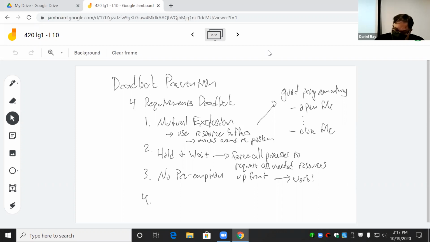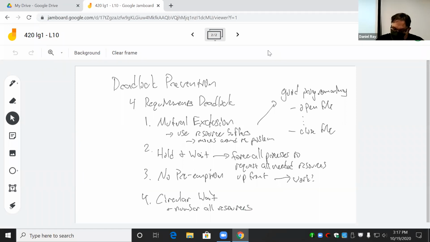And so lastly is circular wait. I wait on you, you wait on me, or some combination of in-between waiting. It could be that we do this. We could number all the resources. Okay.